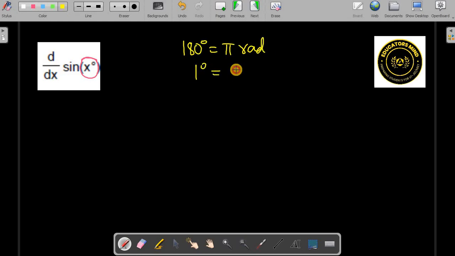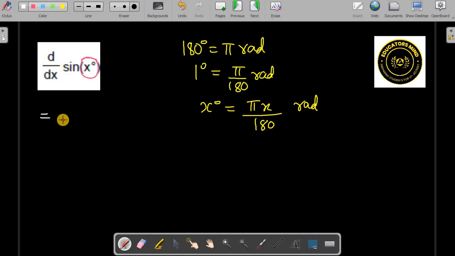So 1 degree is pi by 180 radian, so x degrees will be pi x by 180 radian. Okay, now we can substitute it. One step you can write before substitution: d by dx of sine x is converted into sine of pi x by 180. The angle has been just written in terms of radians.